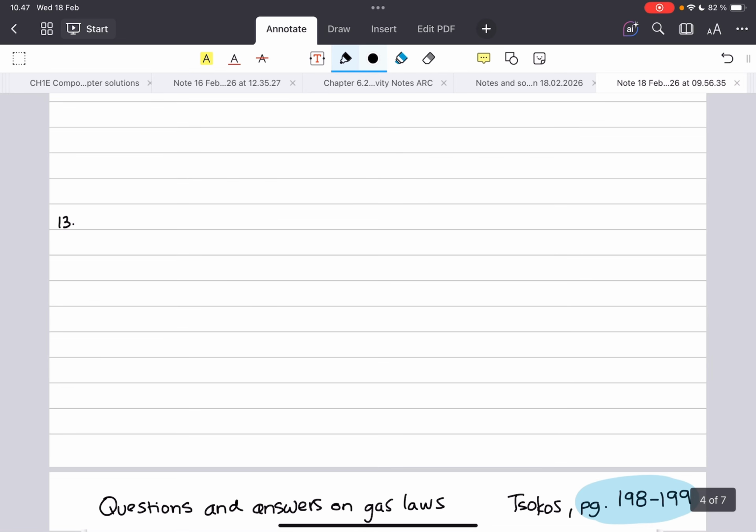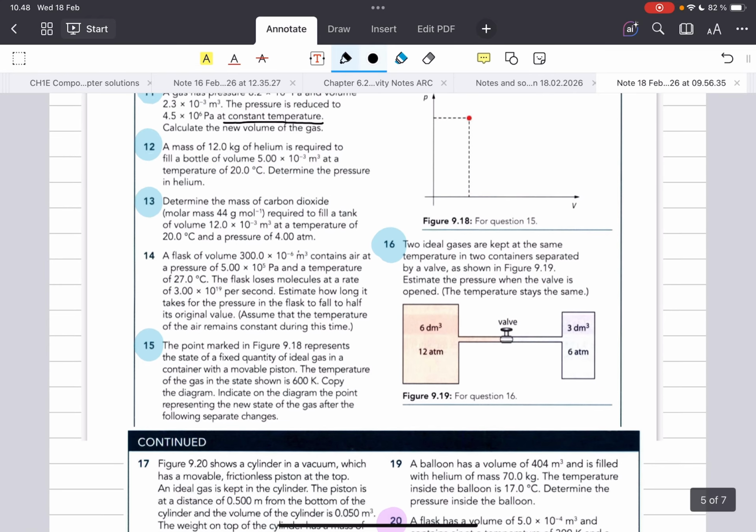So that was 13. PV is nRT, and n is PV over RT. Now we can use our numbers. The pressure was, let's see, it was 4 atmospheres.